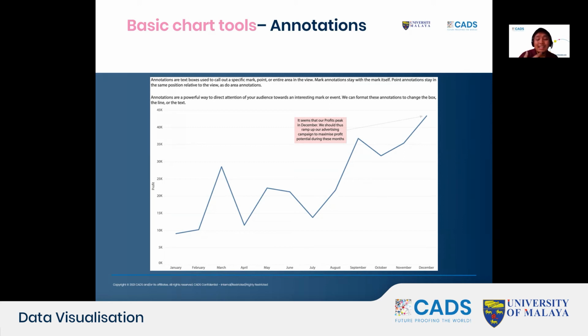Annotation might give your imaginary audience an idea of what happened in 2020. You could say in 2020, COVID-19 broke out, right? That's one example of using annotations. So it's useful to give information when presenting the visual to people who are not in your field of study or your business domain.